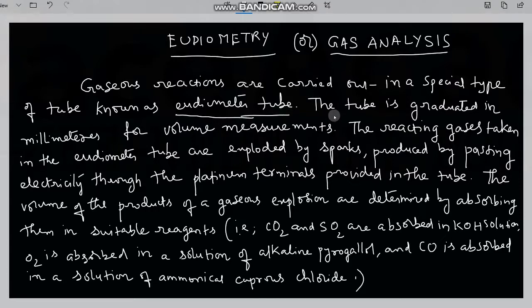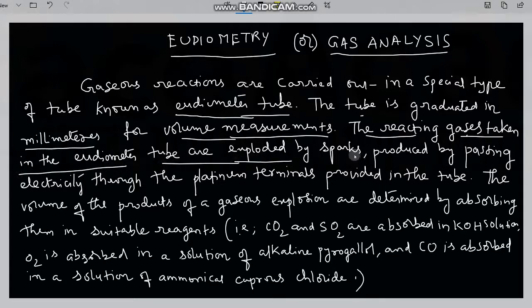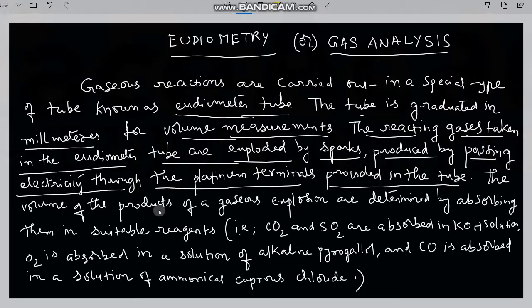The tube is graduated in millimeters for volume measurements, and the reacting gases are taken in a eudiometer tube or exploded by sparks produced by passing electricity through the platinum terminals provided in the tube.